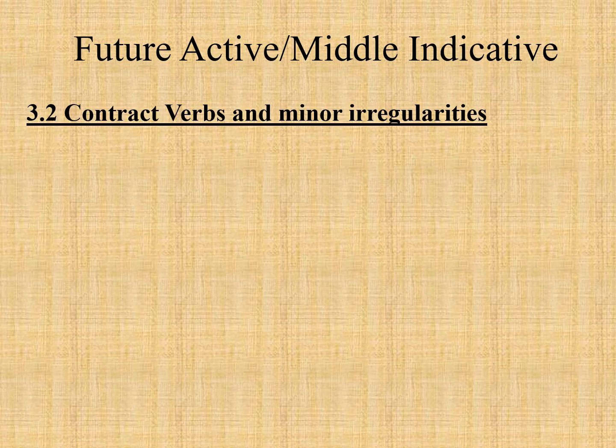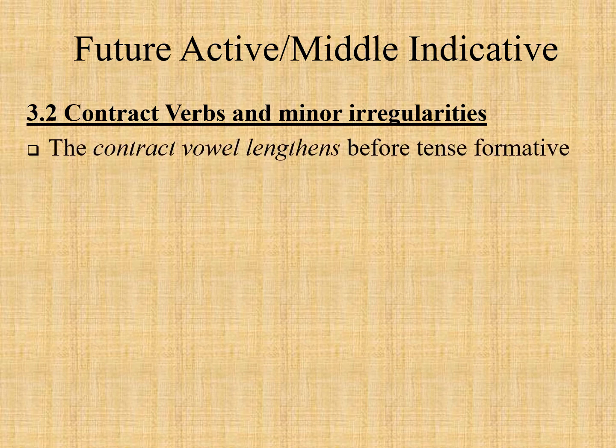Now we have some complications that are introduced when we have contract verbs and certain consonants that collide with the tense formative. So the contract vowel lengthens before the tense formative. If you remember, the contract verbs were the ones where the vowel contracts just prior to the personal ending.